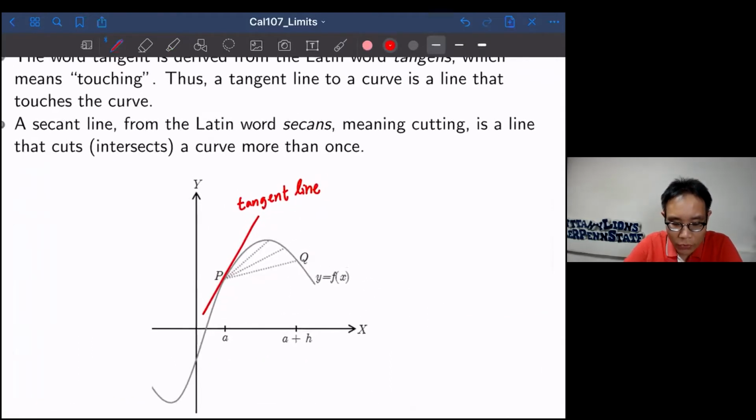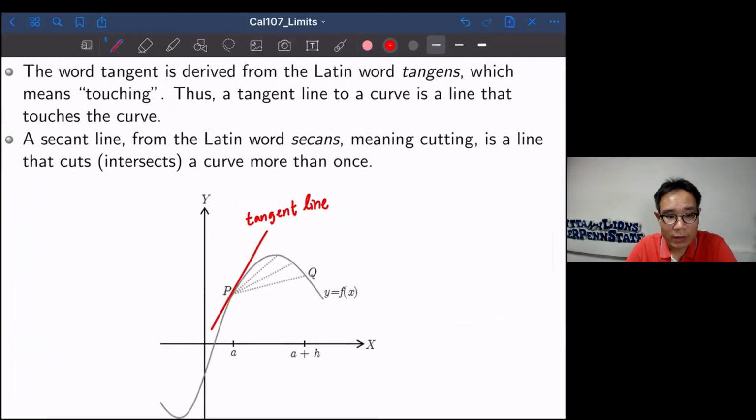Another thing is the secant line. Secant in Latin means cutting. So it's the line that cuts or intersects the curve more than one time. From this picture, you see the point P and the point Q, and you are able to join them with a secant line like this.